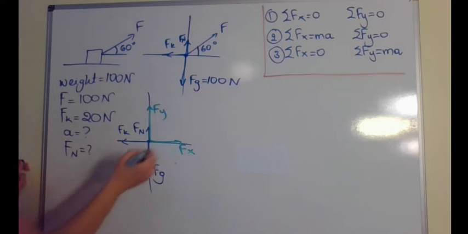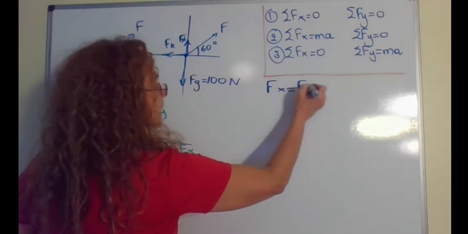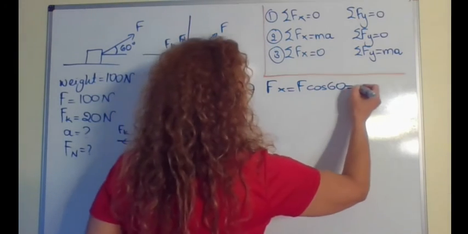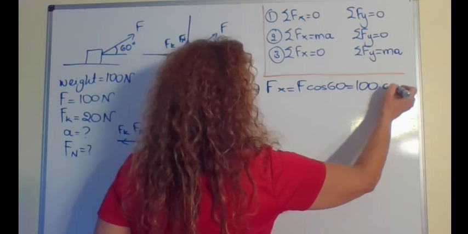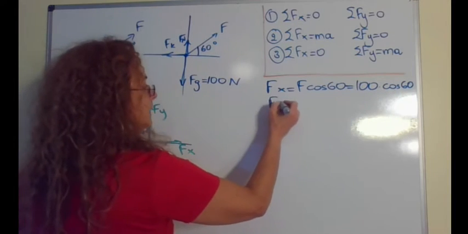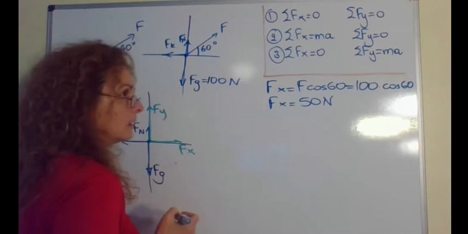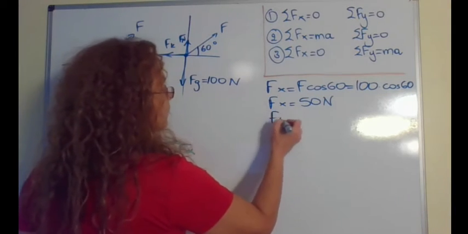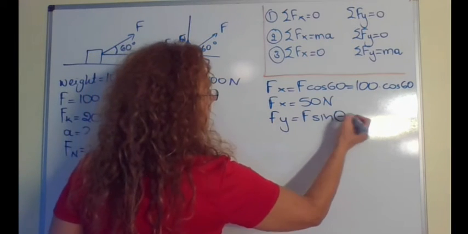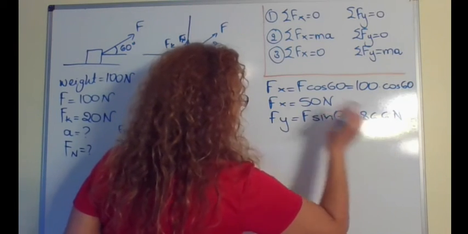So what I found is that Fx equals F cosine 60, which is 100 times the cosine of 60. That means that Fx should be 50 newtons. Now Fy is F sine theta, which will be 86.67 something newtons.